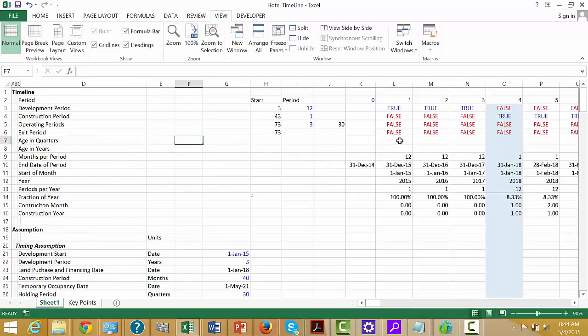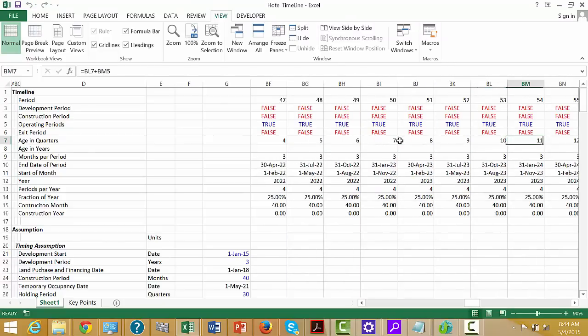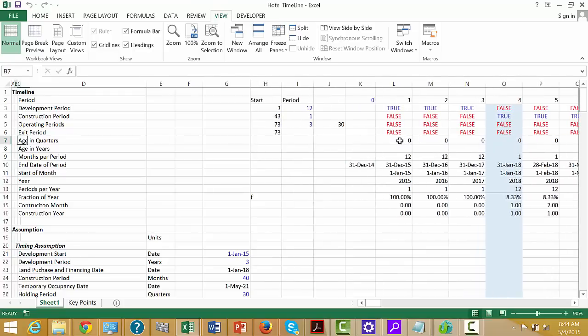So our age in quarters, we put this one, plus we go to the operating periods, and Shift Control R. So what that does is it just starts counting when you get to the start date, and it goes to the end date. The periods per year, we just had to divide by 0. I'm not going to worry about that right now.